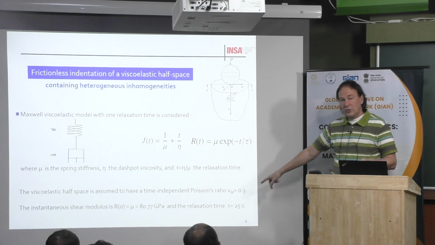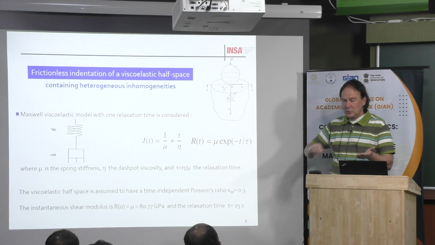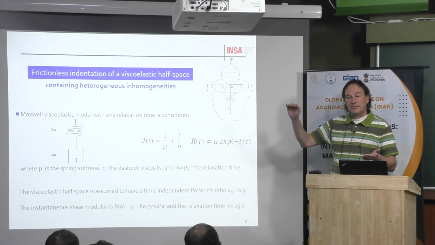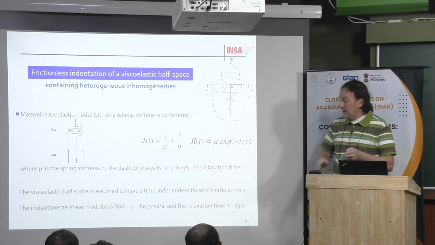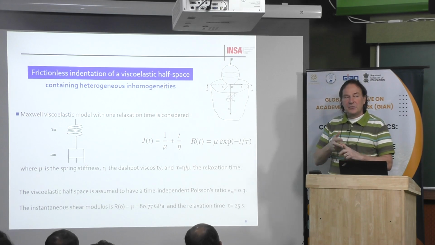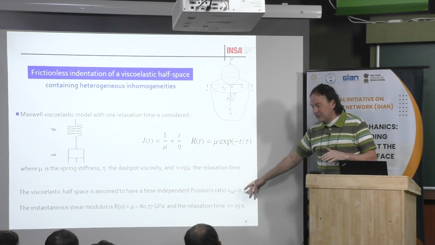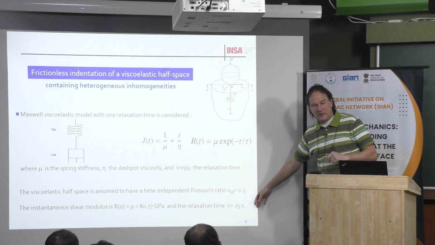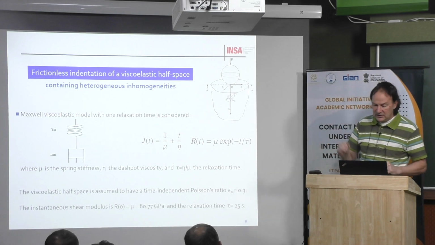After 1 tau or 2 tau or 3 tau, you will reach the steady state regime. Between 0 and tau or 2 tau, it depends on whether you impose a load or a displacement. But typically, after 2 or 3 times the tau time, we will reach the steady state regime.